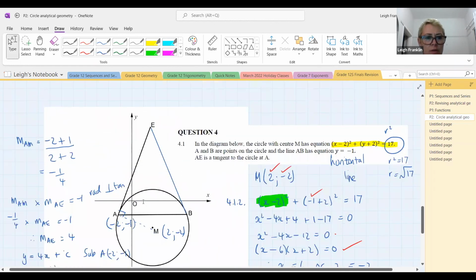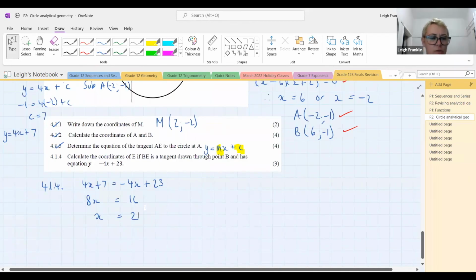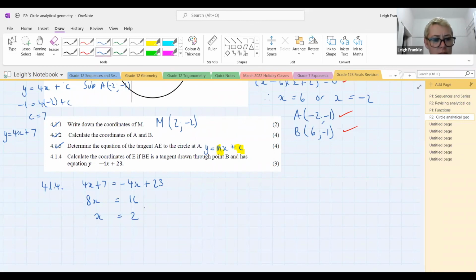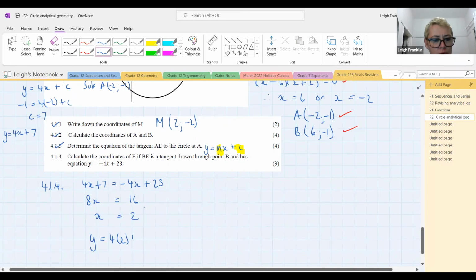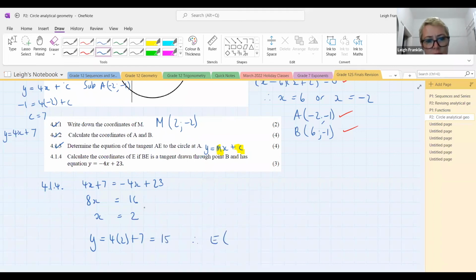Okay, now that we know that, we can sub into either equation and work out what y is. So in this case, if we use that one, we would end up with 15. So therefore, the coordinates at E would be 2 and 15.